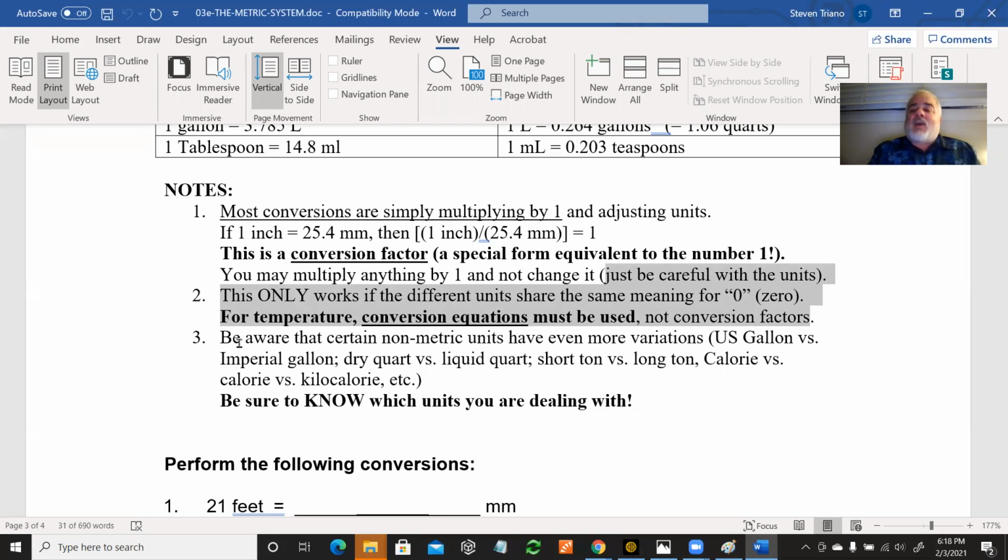And there's even a liquid version versus a dry version. So in the US, I've got a US liquid quart and a US dry quart. And in the old-fashioned England, Great Britain, there was an imperial liquid quart and an imperial dry quart. 4 different slight variations on what a quart even means.